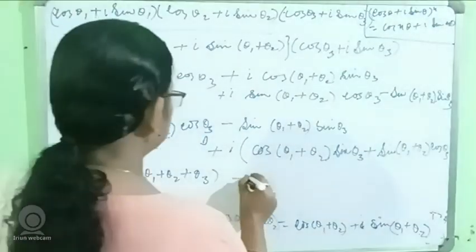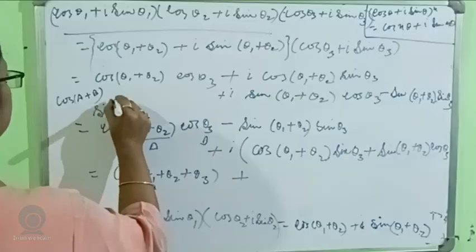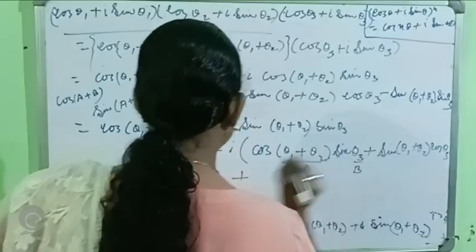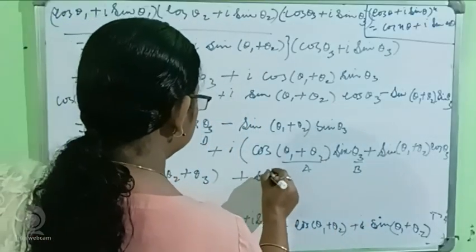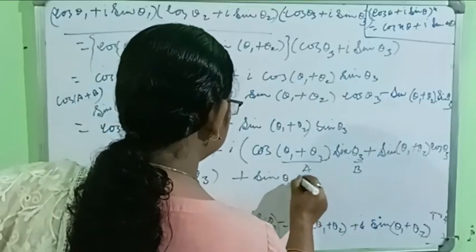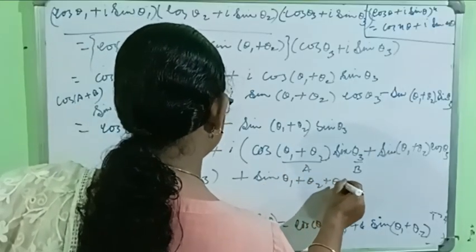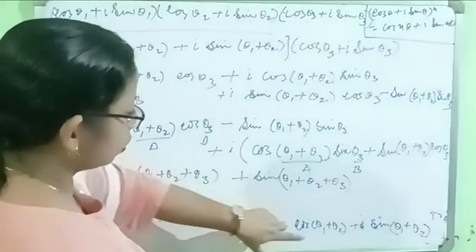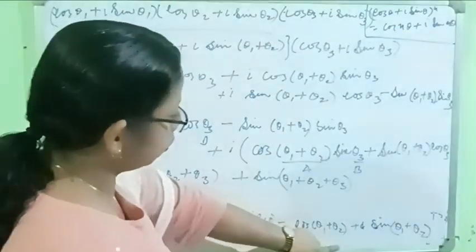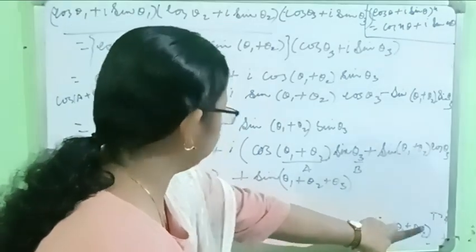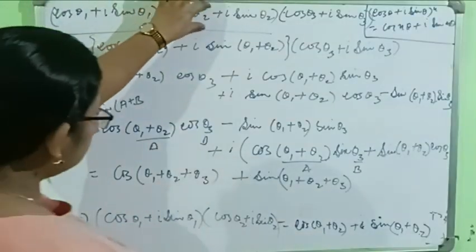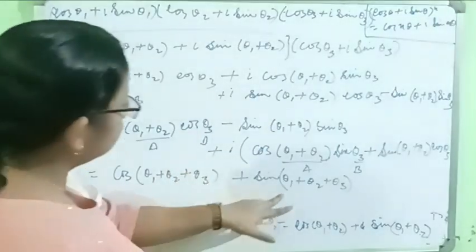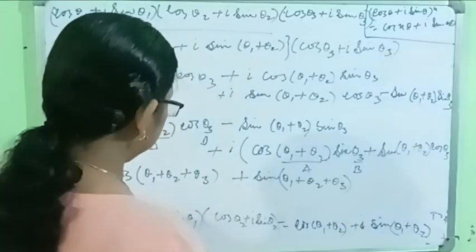Again, use here the sin A plus B formula. Here A is this one and B is this one. So this is sin of theta 1 plus theta 2 plus theta 3. That means if I consider 2, then my result is cos of theta 1 plus theta 2 plus i sin of theta 1 plus theta 2. If I consider 3, then I will get cos of theta 1 plus theta 2 plus theta 3 plus i sin of theta 1 plus theta 2 plus theta 3.